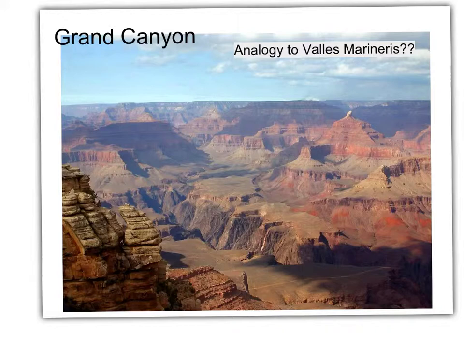Okay, so you might think one of our best analogies to Valles Marineris would be the Grand Canyon. So here's just a view of the Grand Canyon. Got this sedimentary and volcanic layered plateau that's been cut away to form the Grand Canyon.